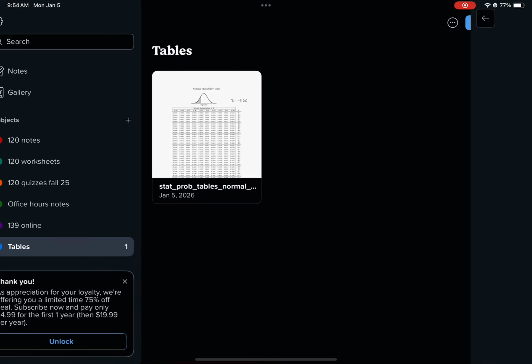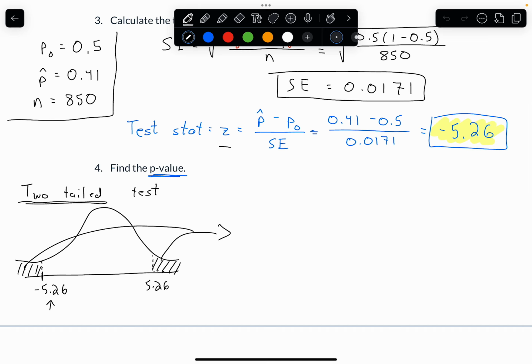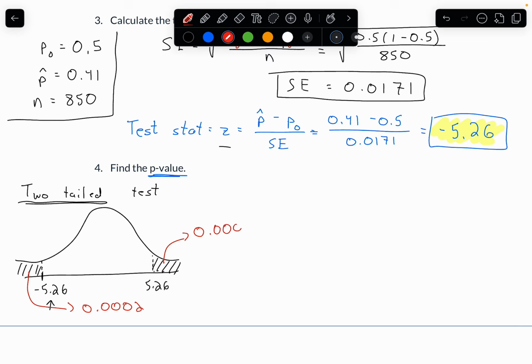0.0002. So let's assume that this area to the left right here, and actually let me do this in a different color. Let's do this in red. This area right here is 0.0002. Now, that's one of the areas. We said this is a two-tailed test, which means that this area is also 0.0002. For this two-tailed test, you can do one of two things.